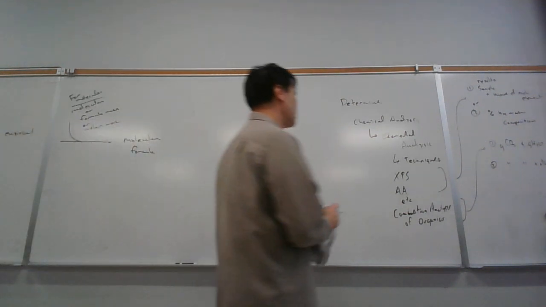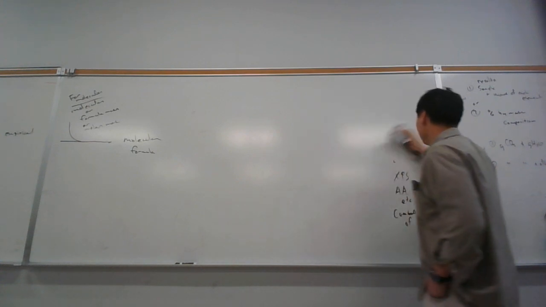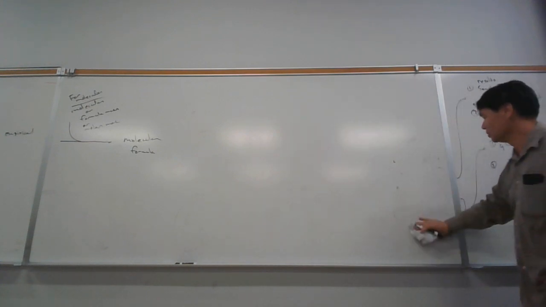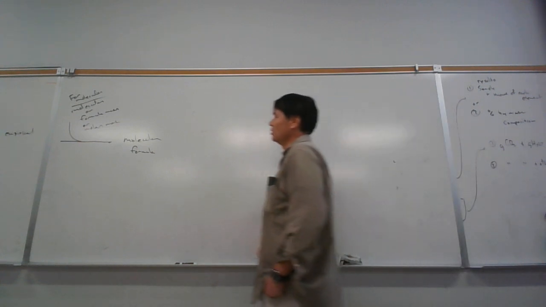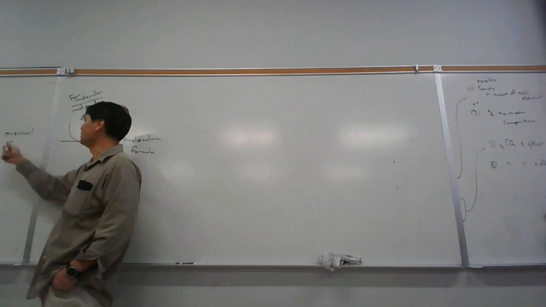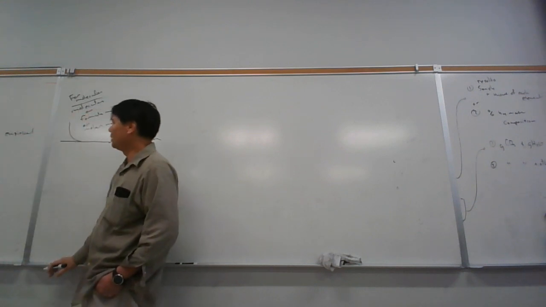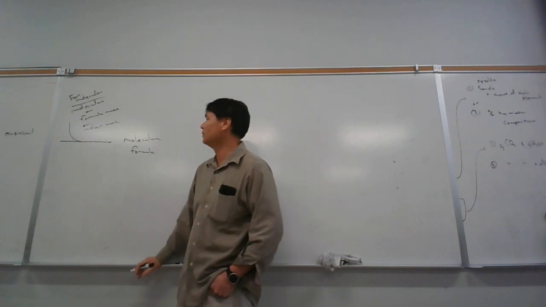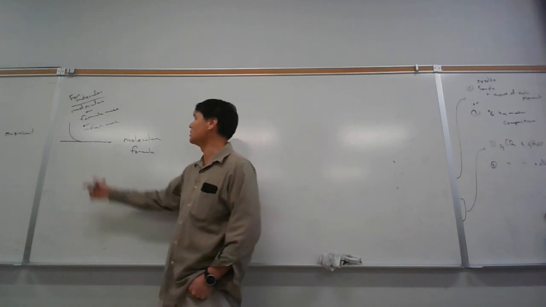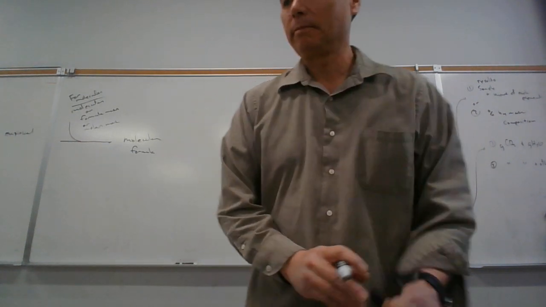For something like hydrogen peroxide, the empirical formula is HO, but the molecular formula is H2O2. So we just need to know how much a molecule weighs. If we know how much a molecule weighs, then we can compare it to the weight of the empirical unit. If the empirical unit and the molecular unit have matching masses, then they're the same. But if there's a mismatch, then the molecular formula is not the same.